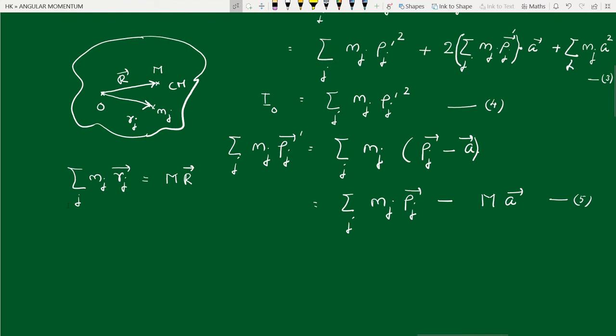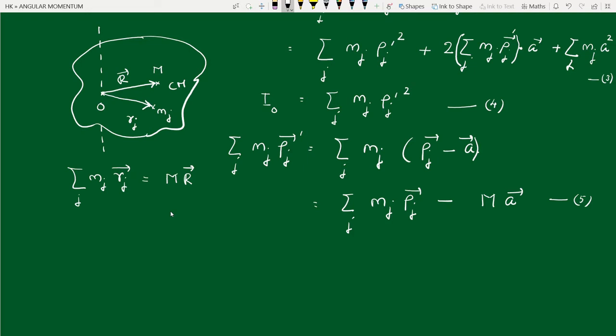If we take the perpendicular component on both sides, assuming there is an axis passing through the origin we have chosen, then instead of the position vector of each particle about the origin, we take the perpendicular vector of each particle about the axis.